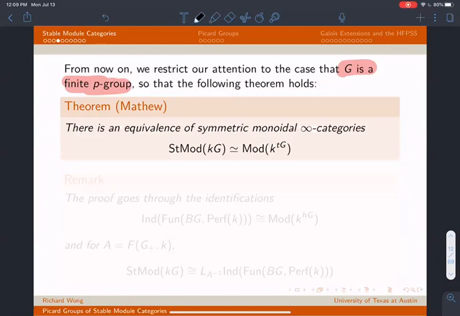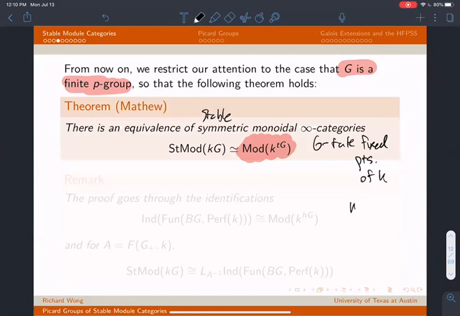And the reason that we do this is so that we have the following theorem due to Achilles-Mathew, which says there's an equivalence of symmetric monoidal infinity categories, even stable ones, between the stable module category and the category of modules over the G Tate fixed points of k, considered as an Eilenberg-MacLane ring spectrum.